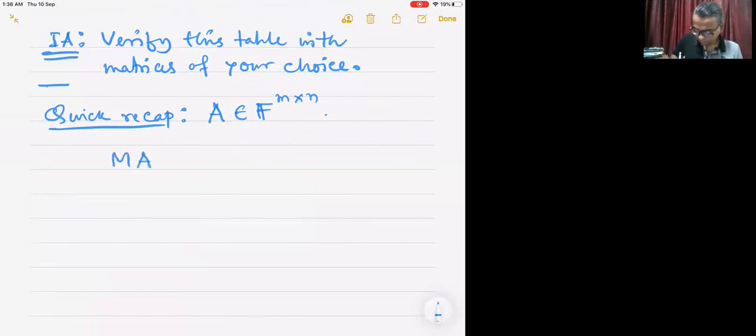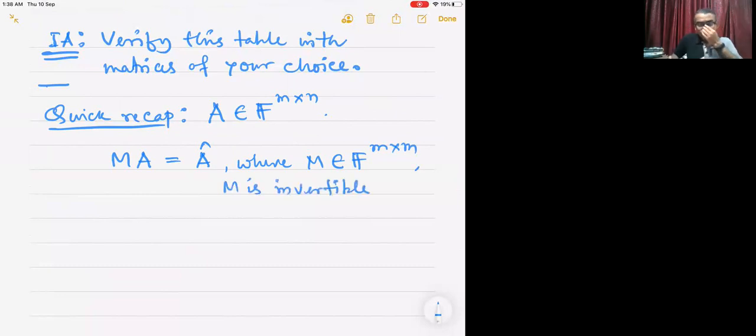So MA is equal to A hat, where M is a square m cross m matrix. M is invertible. Every elementary row operation matrix is like that.